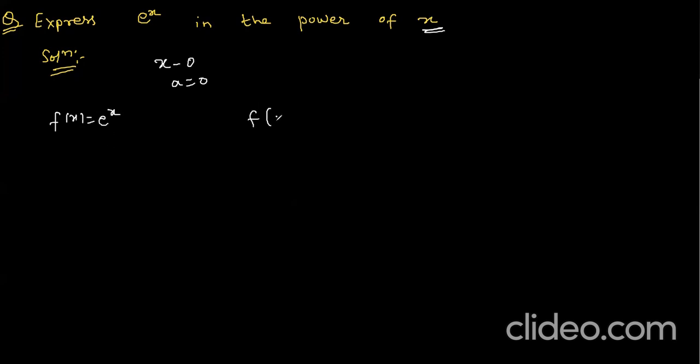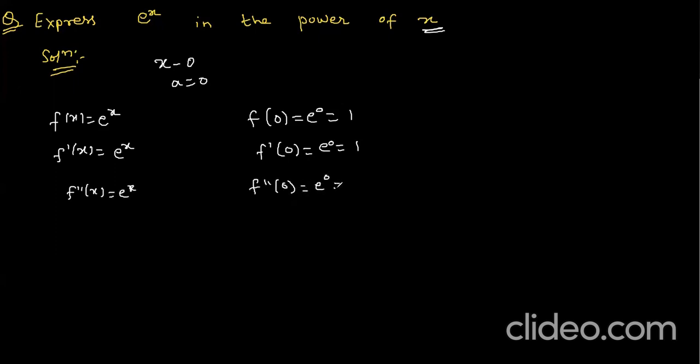So f of 0 will be e raised to 0, which is 1. f dash x, you know e raised to x derivation is e raised to x. f double dash x. f triple dash x. You know the derivation of e^x is always e^x. So each time you are getting 1.